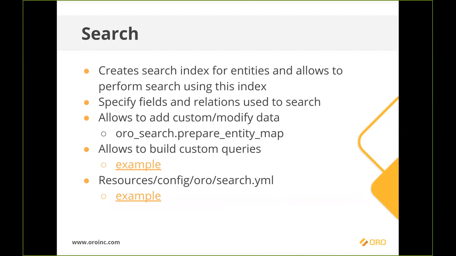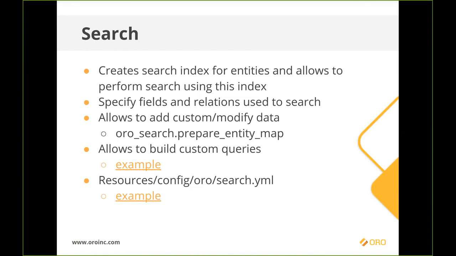And then we have the search. Search indexes are used in every application right now because it's way more efficient than searching the database using full text searches or some other ways. In the Enterprise Edition, we are using Elasticsearch.